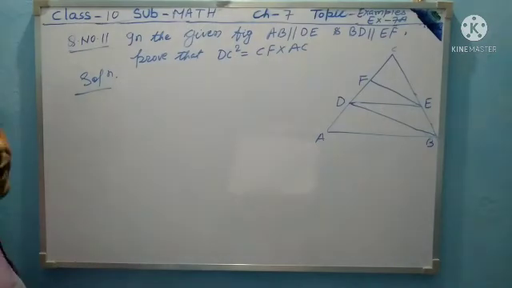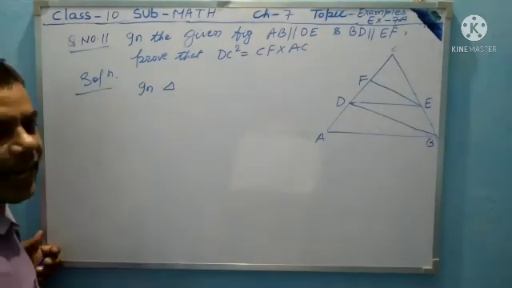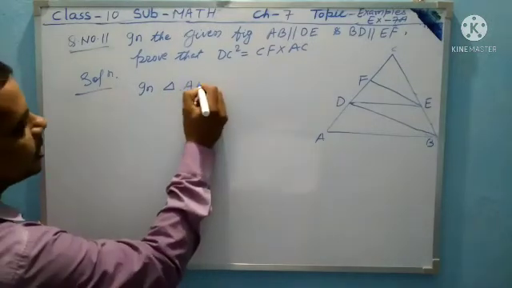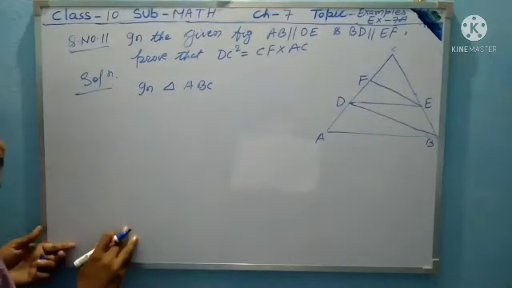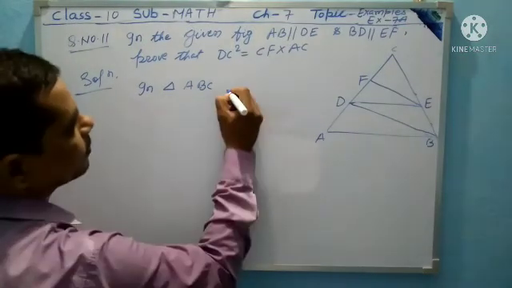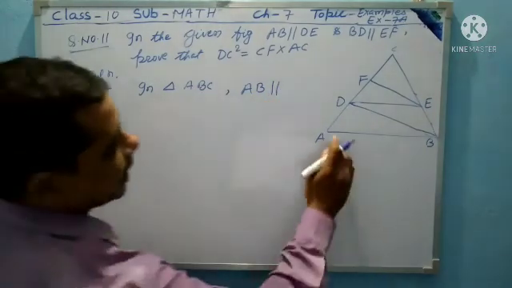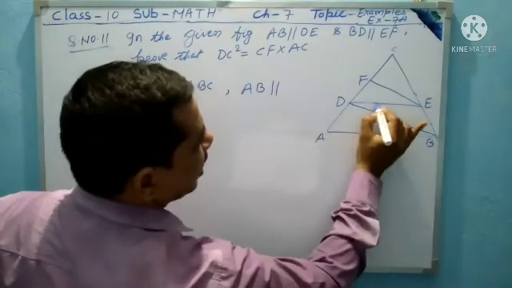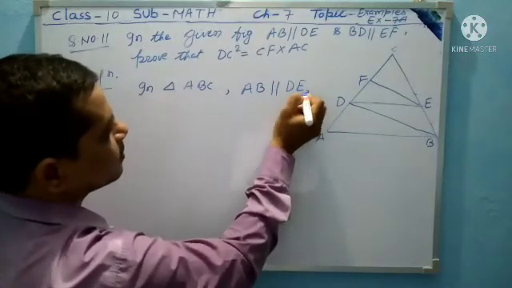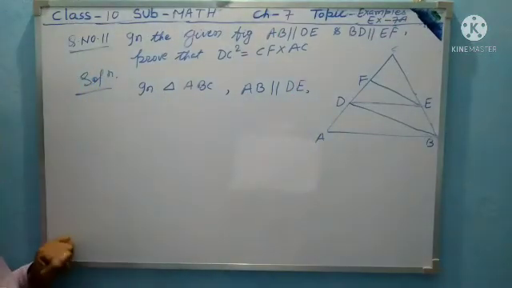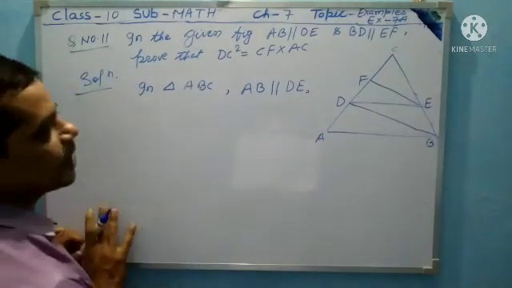The first thing, in triangle ABC, AB is parallel to CD. So we use the Thales theorem.